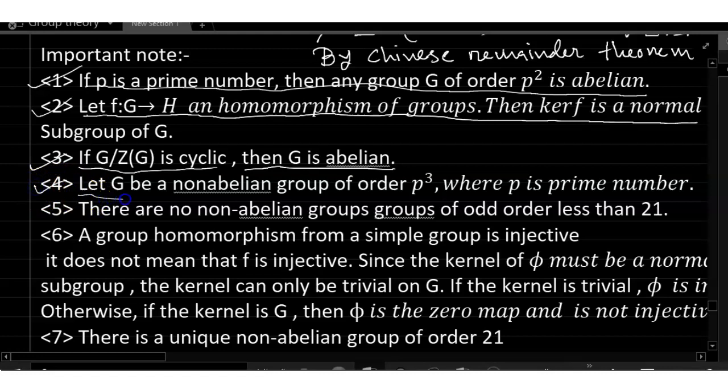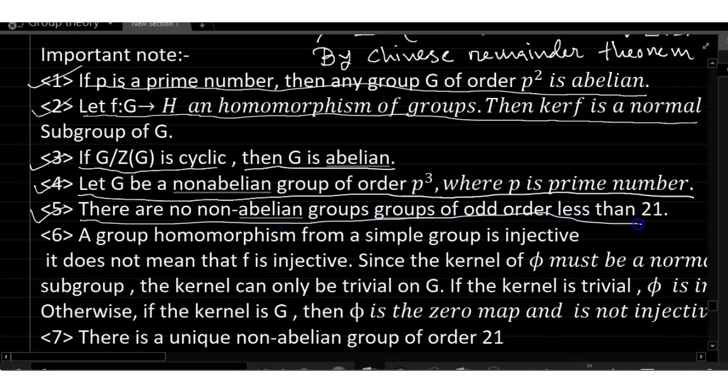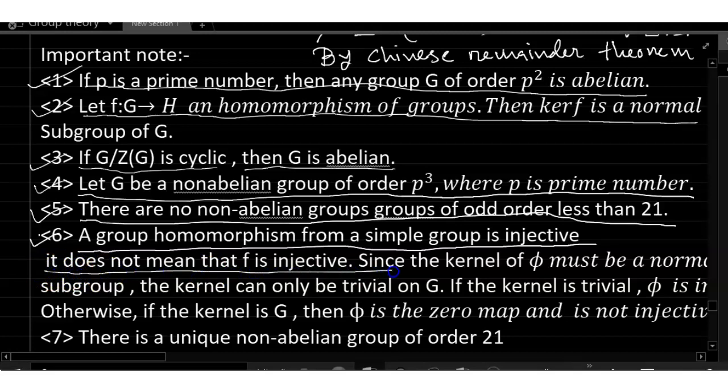Let G be a non-abelian group of order Pq, where P is a prime number. There are non-abelian groups of order less than 21. A group homomorphism from a simple group is injective.